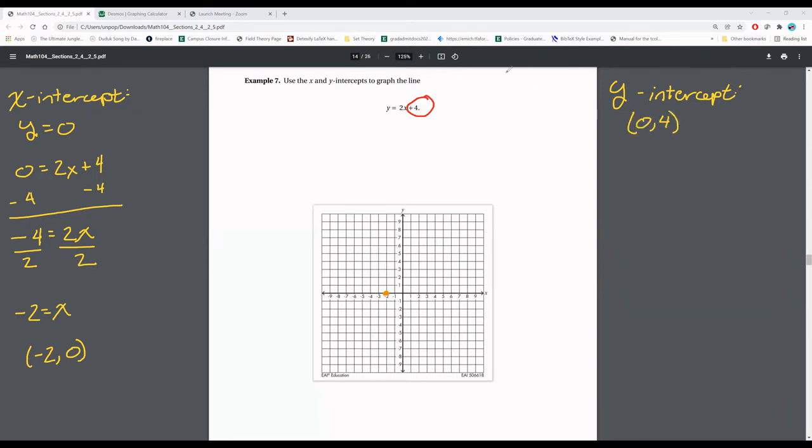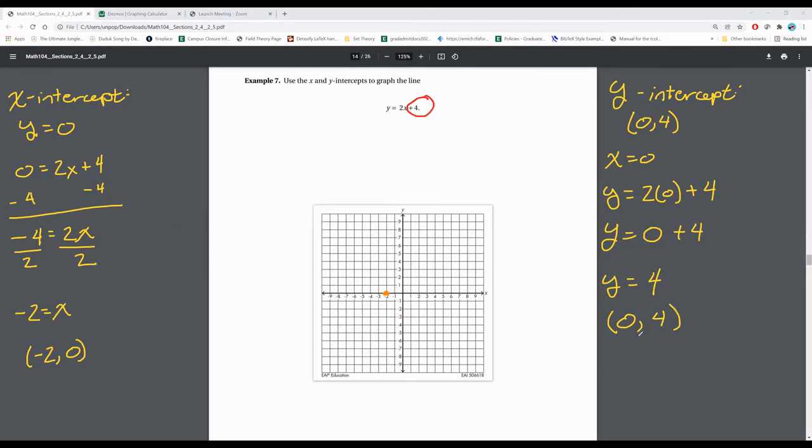Now, if we don't remember that, if we remember instead that this is the point where x equals 0, we can come to our line equation and put 0 in for x and solve. What do I have? I have 2 times 0, that's 0, plus 4. 0 plus 4 is simply 4. So in either case, I will find that when I put in x equals 0, 4 is what falls out for y.